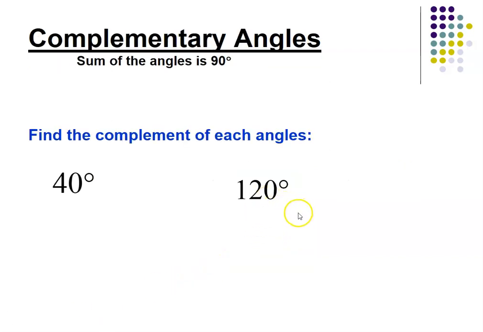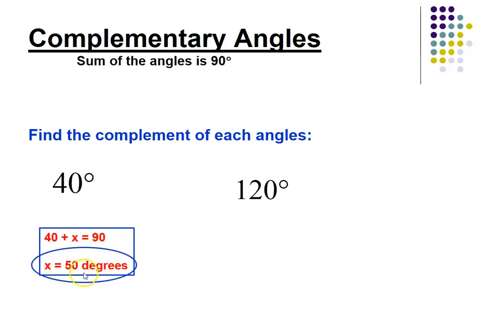Let's review complementary angles and supplementary angles. Complementary angles are angles that, when you add them, the total is equal to 90 degrees. In this example, we are looking for the complementary angle of 40 degrees. So you do 90 minus 40 degrees, and the complementary angle is 50 degrees.